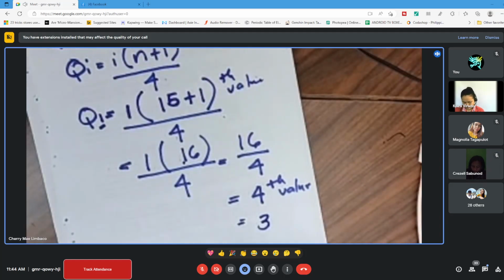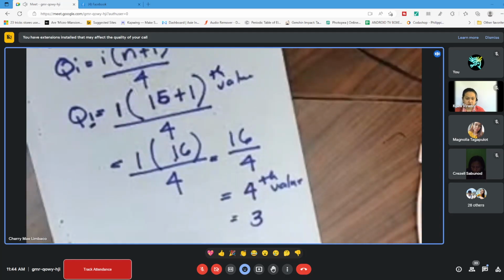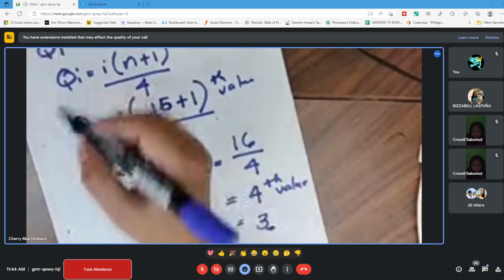If we will interpret it, moingon ta, kay 3 man siya, di ba? So, pila gani ang quartile? Equivalent to how many percent? 25%. Kay first quartile man.